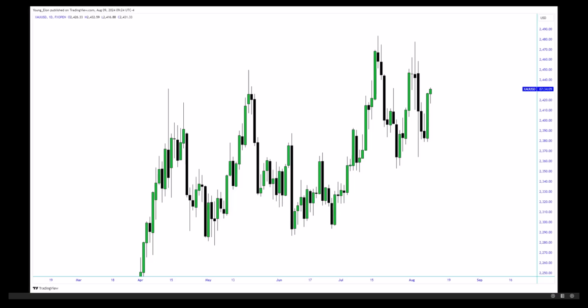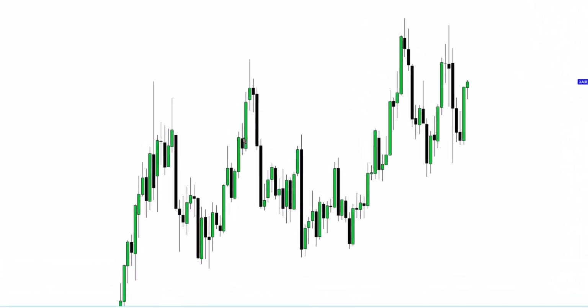But of course, if we focus on the daily time frame, considering the body of the candlesticks, ignoring the wicks, it can as well give an indication that large range expansion is bound to happen. Now consider this particular day over here.